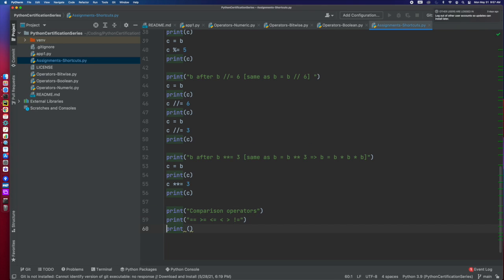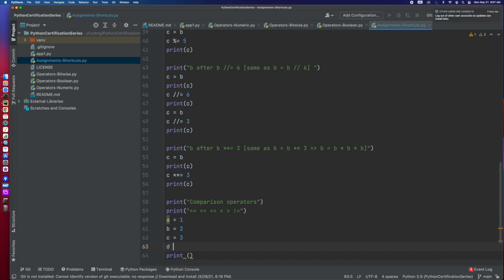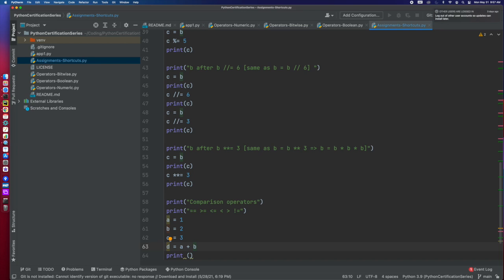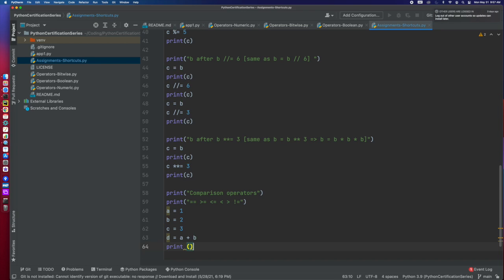And so we can see that, so let's do A equals 1, B equals 2, C equals 3, D equals, let's see, let's do A plus B, and there we go.